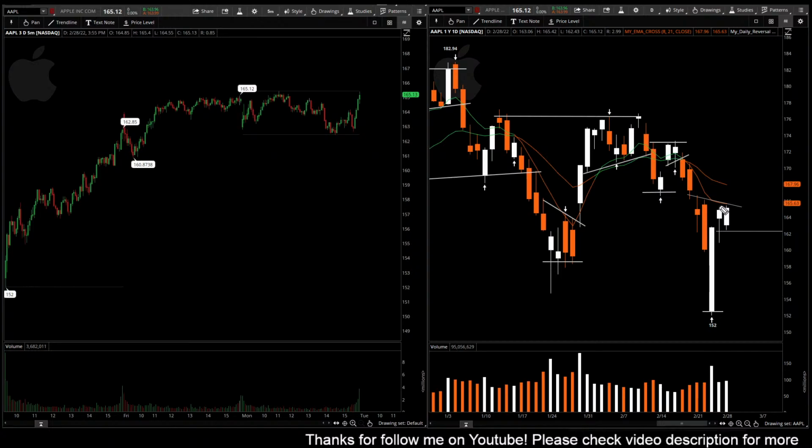If we make a move above the 8-day moving average, above 165.6, that's a move all the way into 168. That will be the possible upside continuation from 165 to 168. When I flip gears, if it breaks below 162.4, then it can roll over and go back into 160. So right now I'm looking to see how Apple will go.